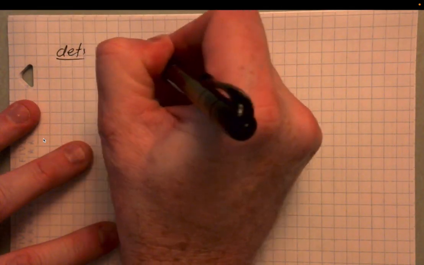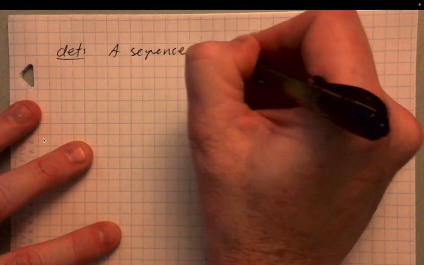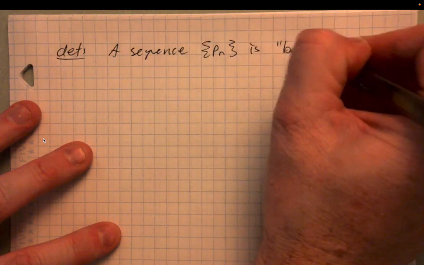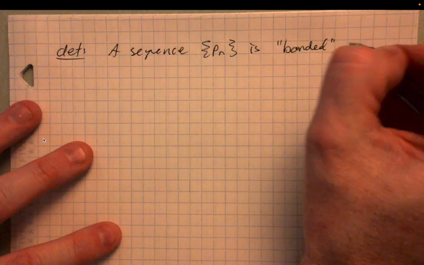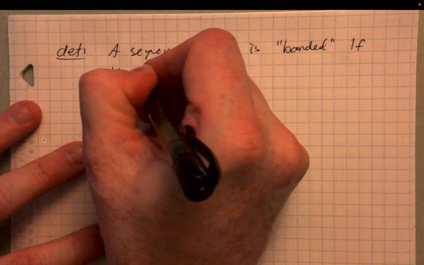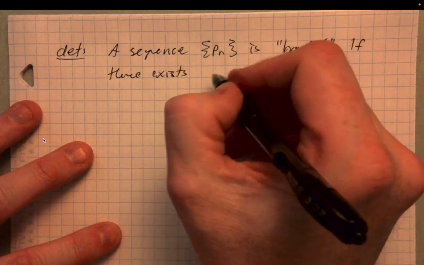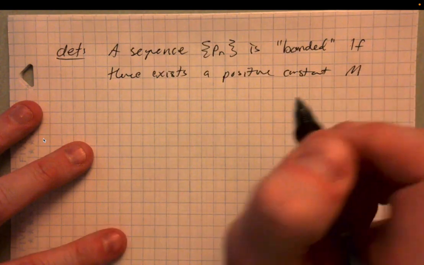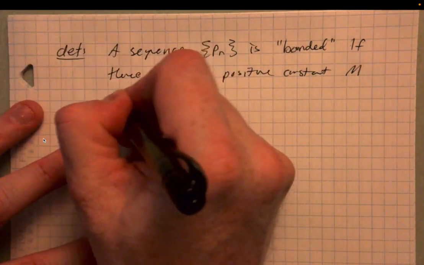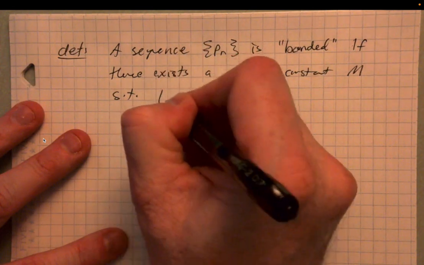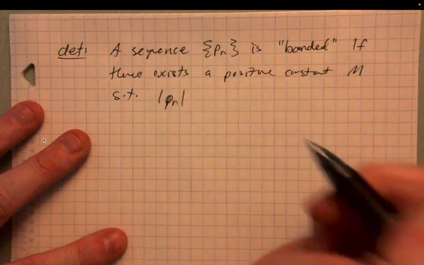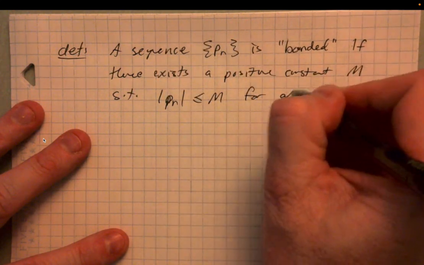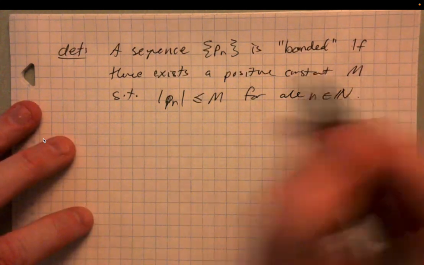We say that a sequence P sub n is bounded if there exists a positive constant m such that the absolute value of P sub n is less than or equal to m for all natural numbers n.